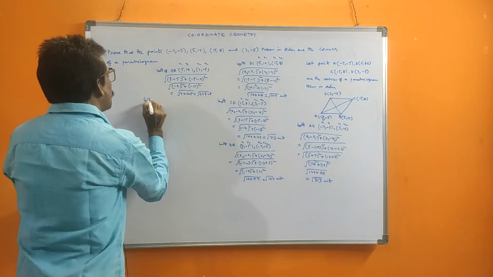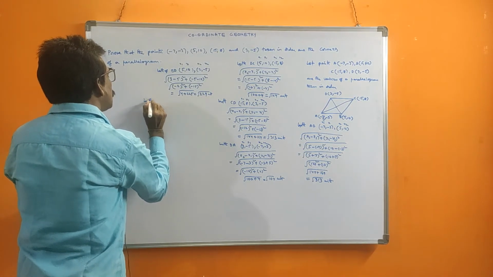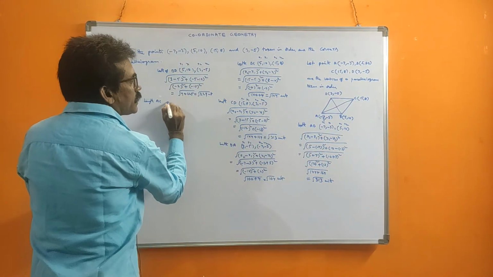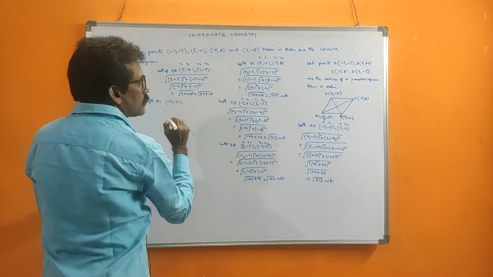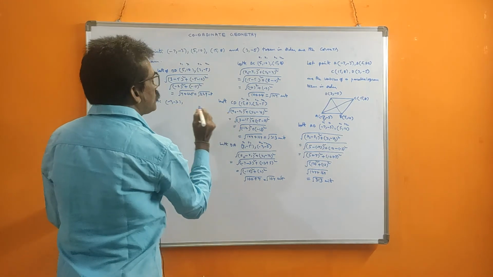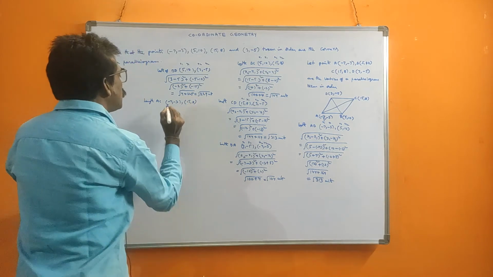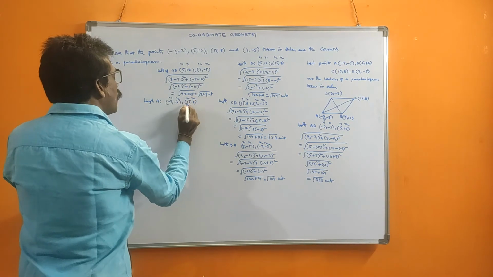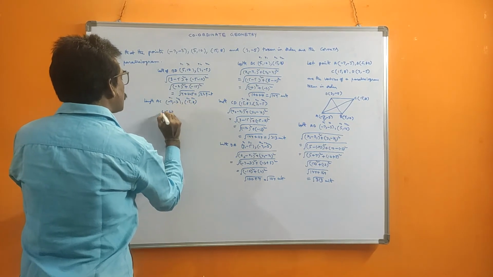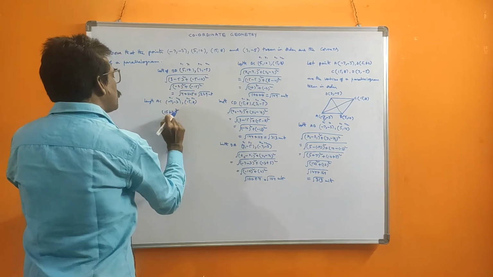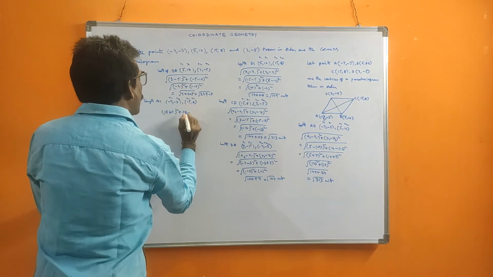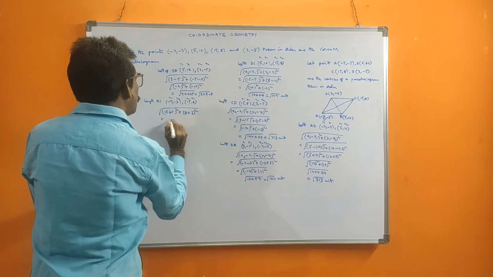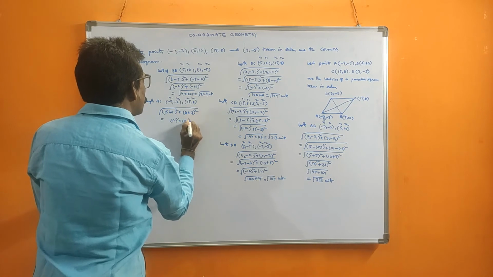So like that, length BD diagonal is finished. Now AC. A point is (minus 7, minus 3), C point is (15, 8). This is x1, y1, x2, y2. So x2 minus x1, that is plus 7, x2 minus of minus, plus, and y2 minus of minus, plus, whole square root of, that is 22 whole square plus 11 whole square under root.